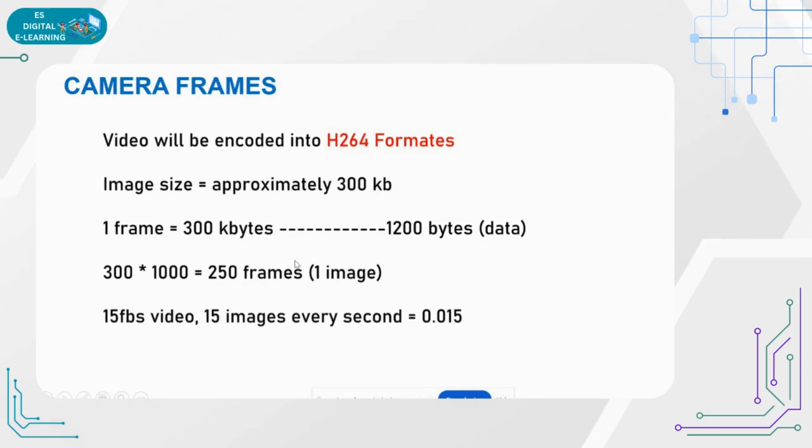And whatever FPS means frames per second. Okay, frames per second. So that will be the FPS of the video, and 15 images will be captured for every second, because whenever you are playing the video, the image capturing should be faster.